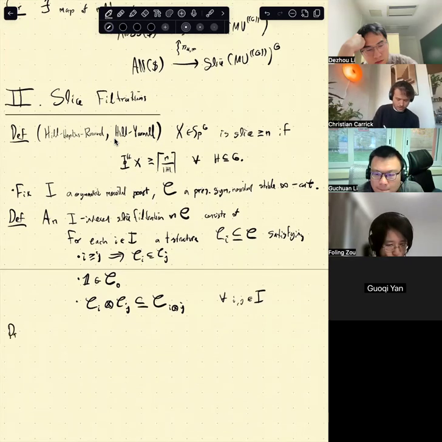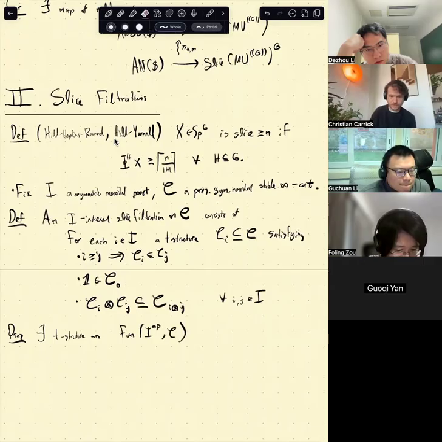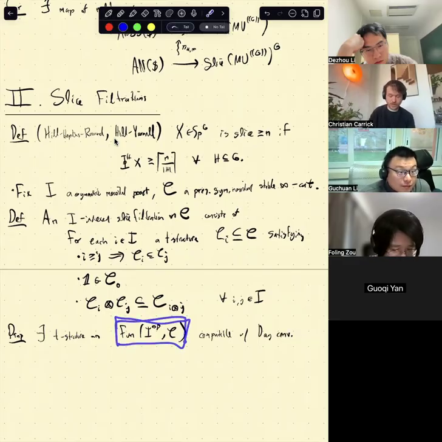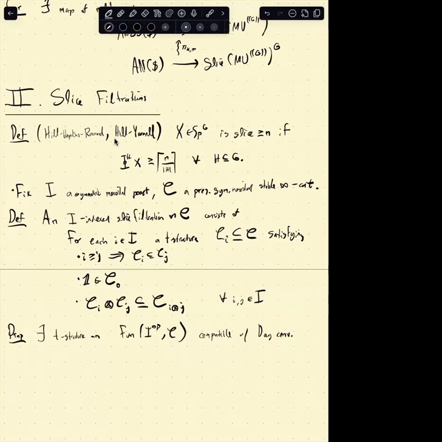And the proposition I want to state about this is that given this data, there exists a T structure on the functor category from I op to C, which is compatible with the Day convolution. So this is a symmetric monoidal infinity category under Day convolution, and there's a T structure on it that's compatible with that.